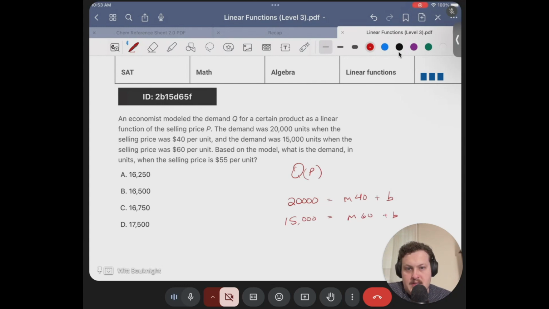Based on the model, what was the demand in units when the selling price is 55? Okay.